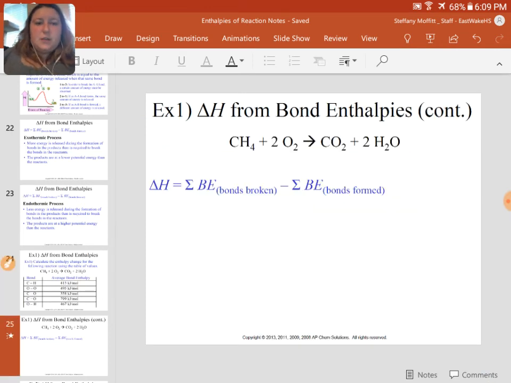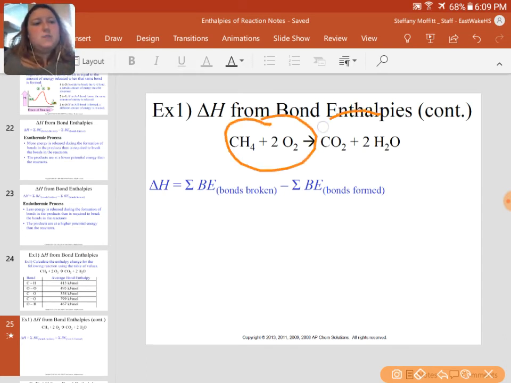So my delta H is going to be the bonds broken minus the bonds formed. The bonds broken are these, and the bonds formed are these. So bonds broken is my reactants, bonds formed is my products.